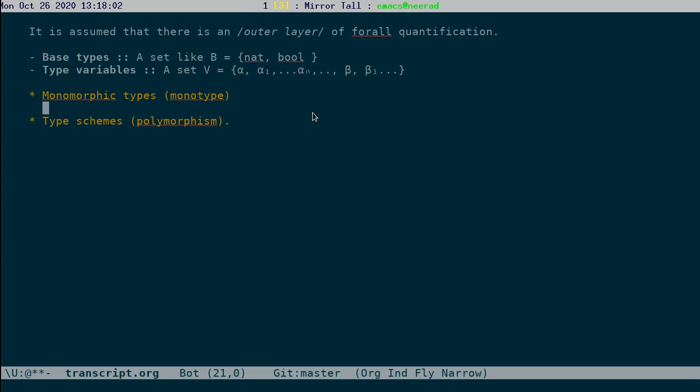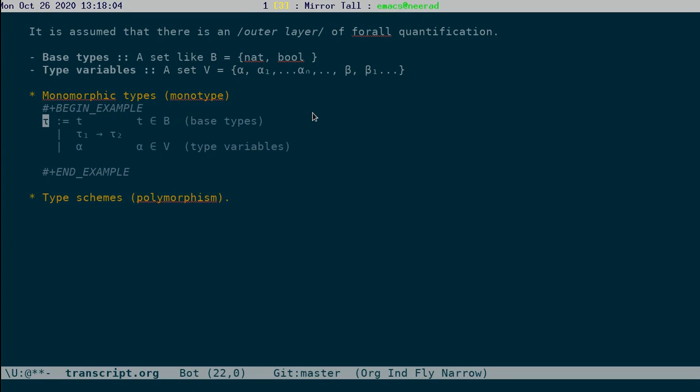We denote tau to represent monomorphic types. Just like in the simply typed calculus, a basic type is a monomorphic type. Tau 1 arrow tau 2, where tau 1 and tau 2 are monomorphic types, is also a monomorphic type. In addition, we have a type variable. That's the additional thing that we have from the simply typed lambda calculus case.